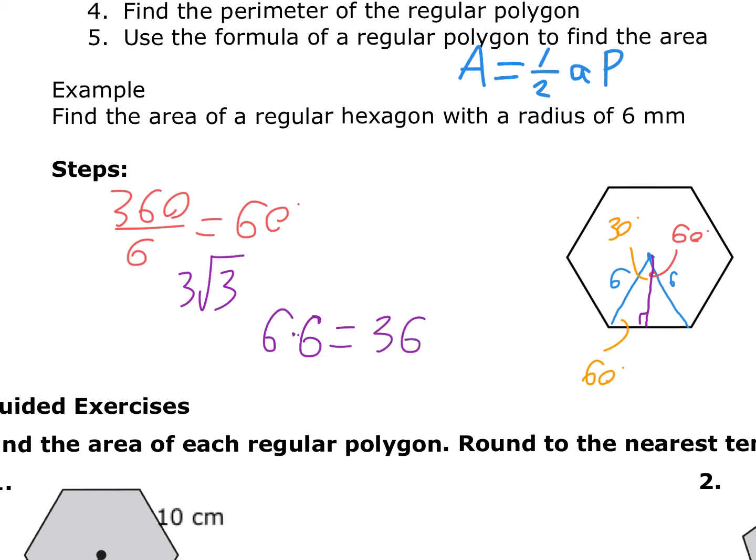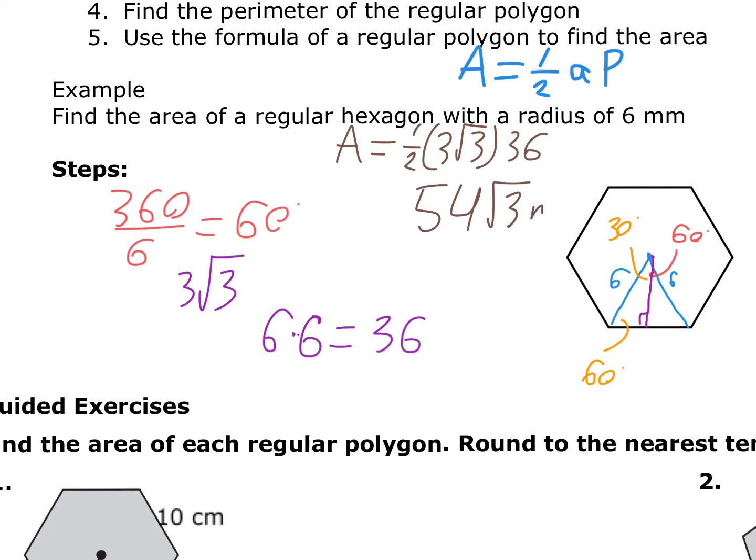So the area of our polygon, let's put that in brown, is equal to 1/2 times the apothem of 3 square root of 3 times the perimeter of 36, which, if you multiply all that out, will give us 54 times the square root of 3 millimeters squared as our answer.